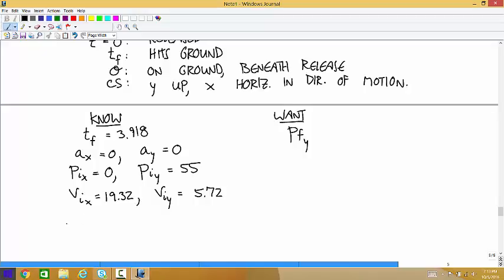So I think we can use the equation that says PFY is equal to PIY plus VIY TF plus 1/2 AY TF squared.